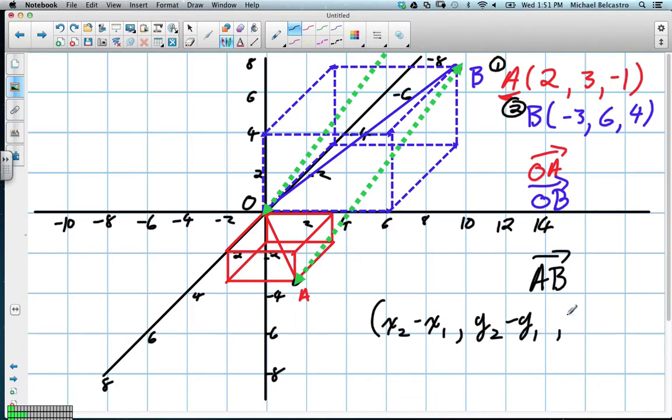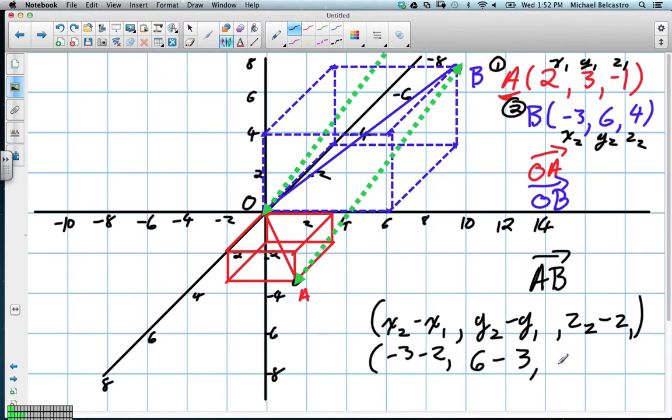And our last coordinate will be z2 minus z1. Okay. So this will be my x1, y1, z1, x2, y2, z2. Okay. So our x2 in this case is -3, subtract 2, 6 subtract 3, and 4 subtract -1.